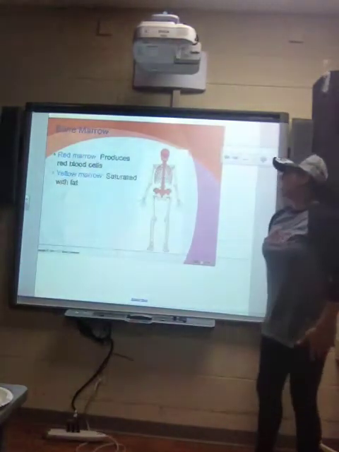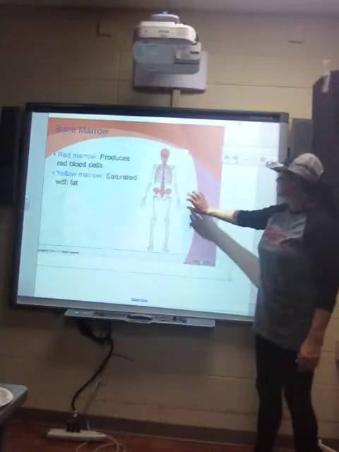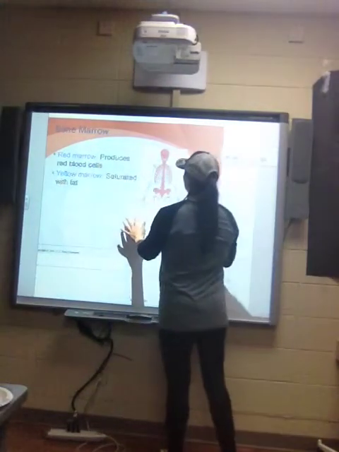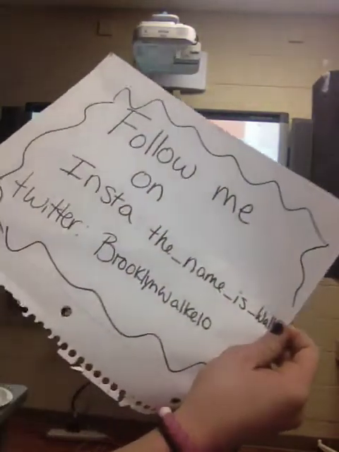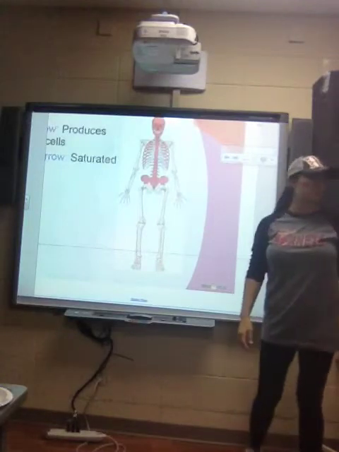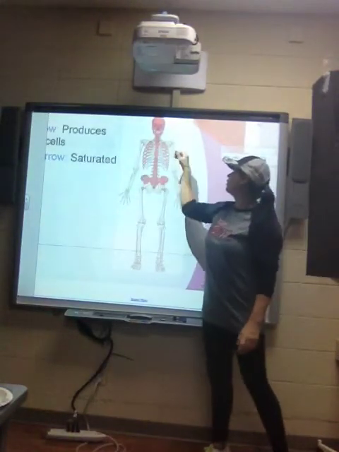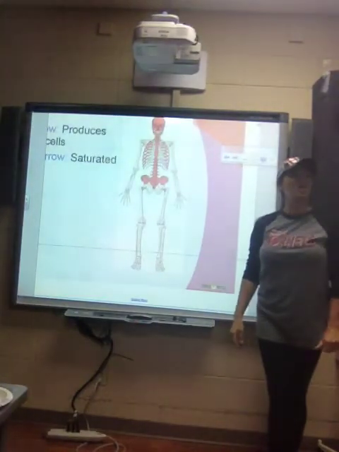So what does yellow bone marrow do? It's yellow, but what is it for? It doesn't make fat, but it stores fat. In these long bones, that's where you're going to find all this yellow bone marrow.